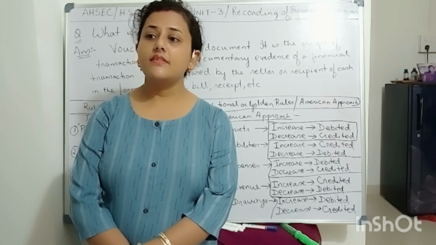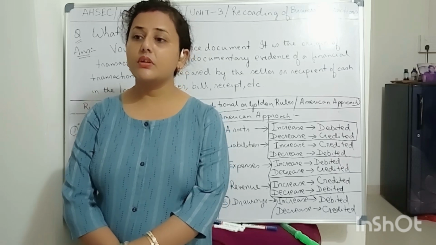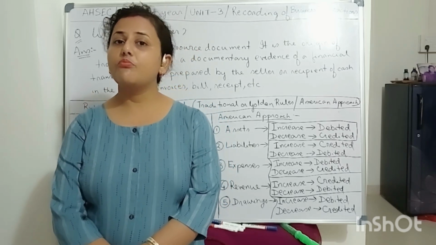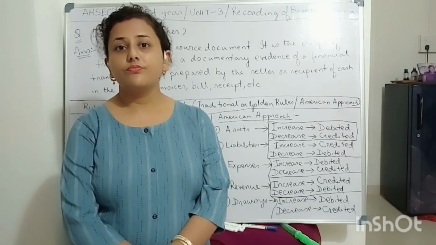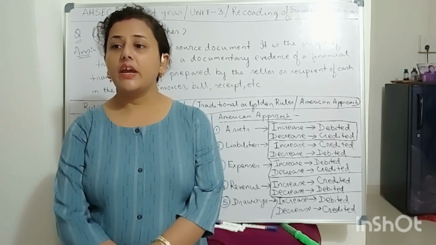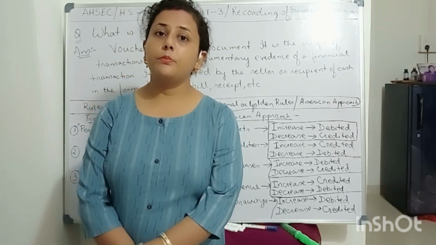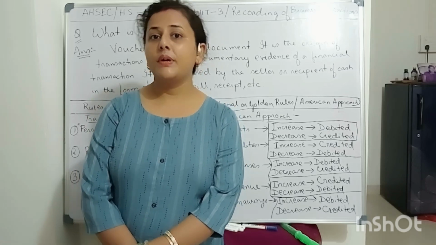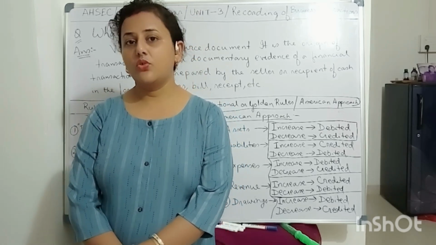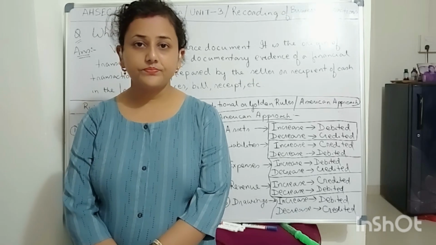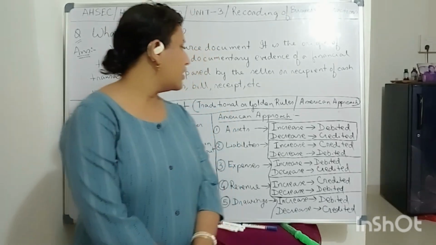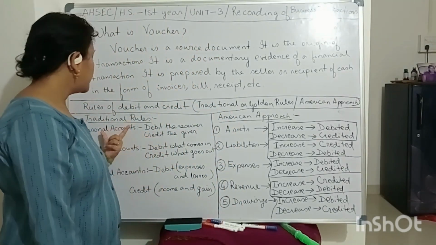Debit the receiver and credit the giver. To whom the company is going to pay money, credit that account, credit the giver. So that is said in a personal account.